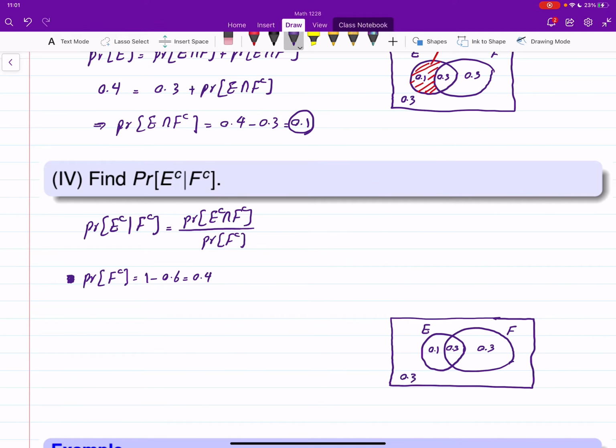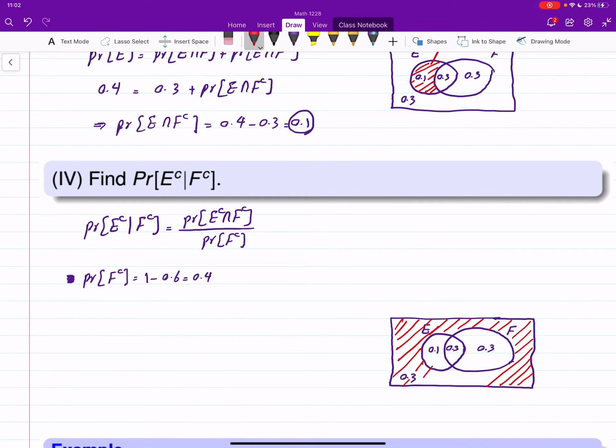So what is E complement intersection F complement? This is the region which is outside F and outside E. So the part which is not included in F and not included in E.